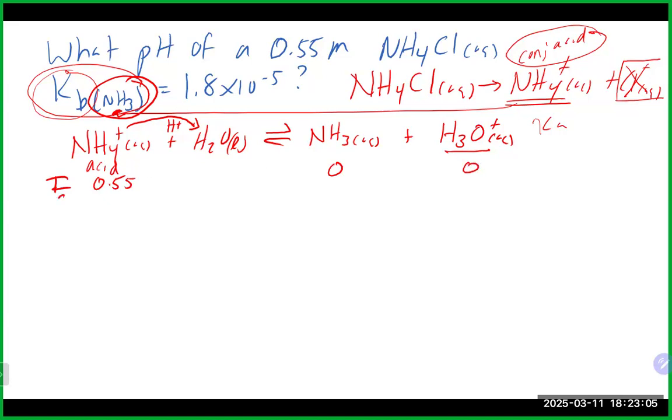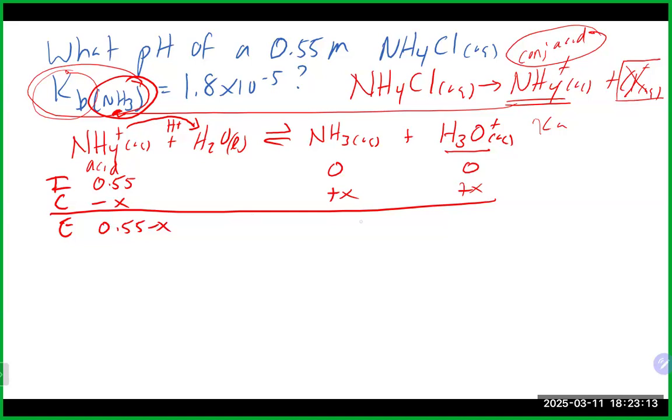So we'll put our ICE table together, 0.55, see how we did with my made up numbers. Change is going to be minus x, plus x, plus x, which gets us an equilibrium of 0.55 minus x, and x. Once again, we're going to do a little Ka action here because we did produce an H3O plus. So our products divided by our reactants. And obviously we will need the Ka value here.